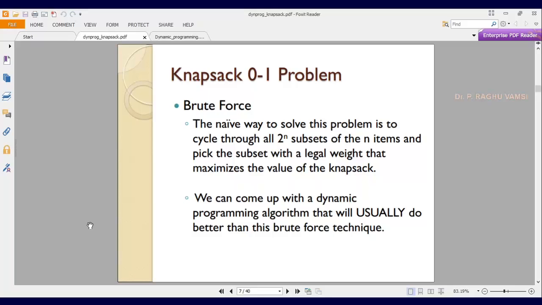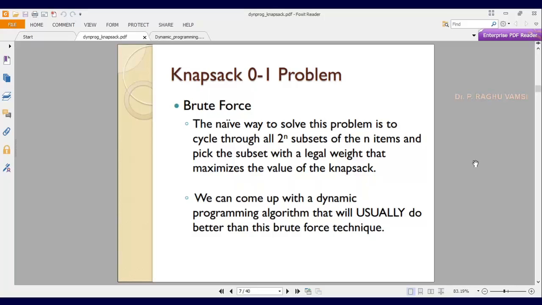The general, or naive, way of solving the problem is to cycle through all possible subsets of items, that is 2 power n subsets, and pick the subset with a legal weight that maximizes the value of the knapsack.